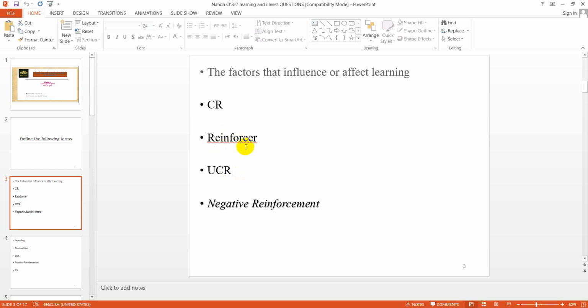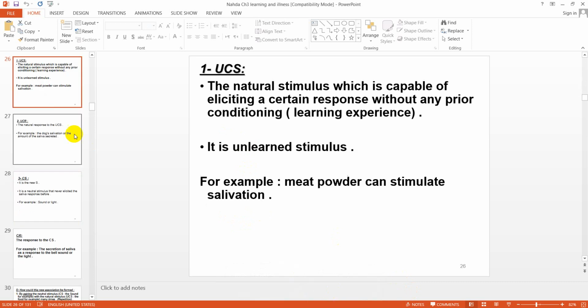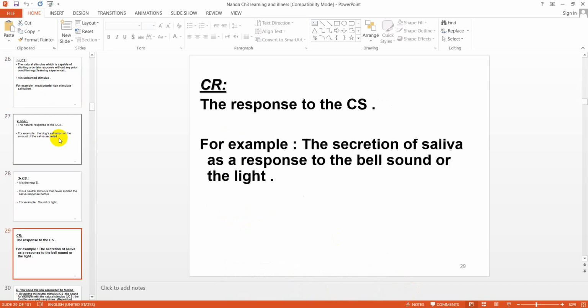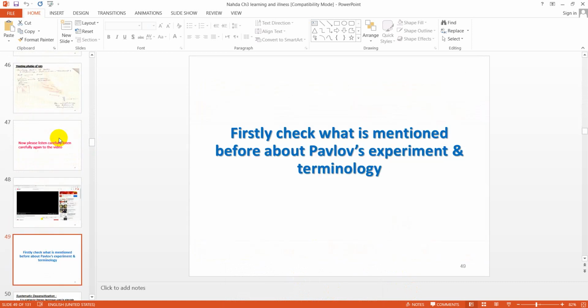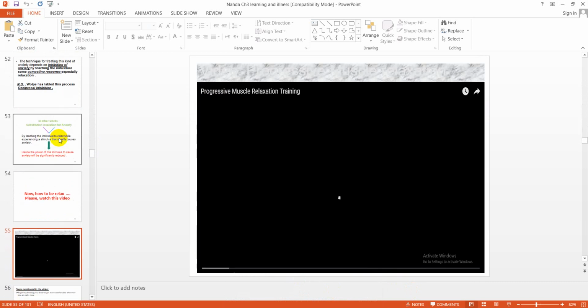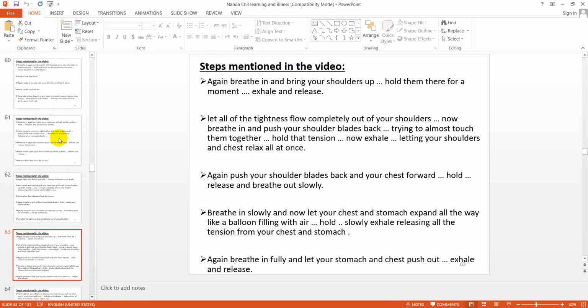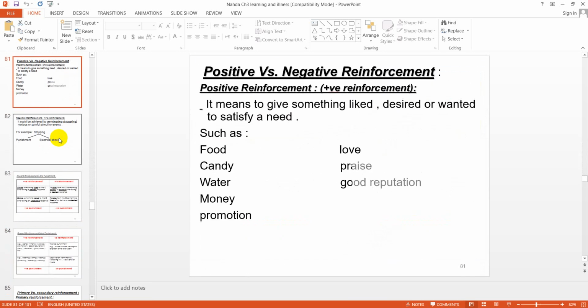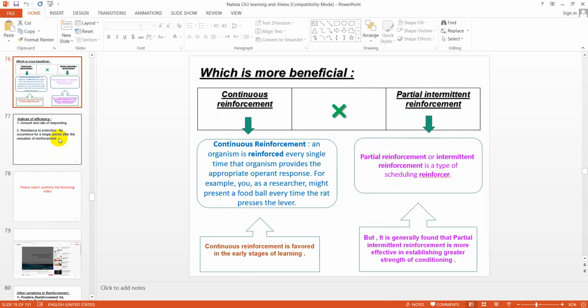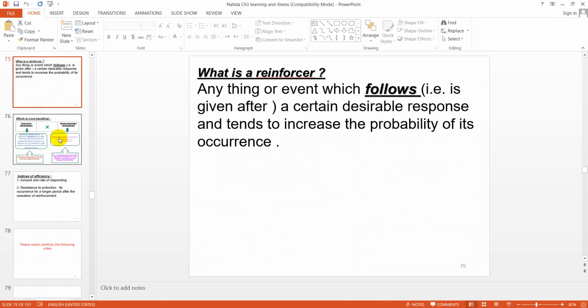What about reinforcer and what about negative reinforcement? Please check this slide. This is the definition of reinforcer.